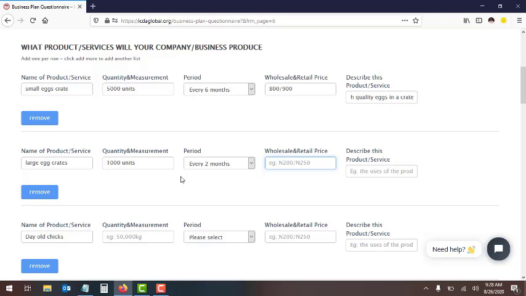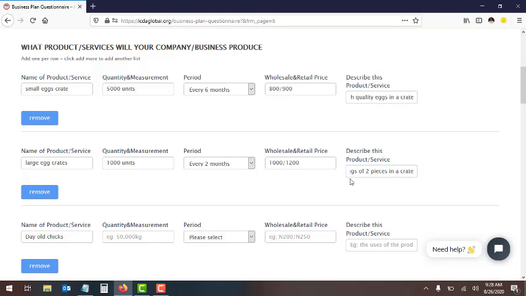You sell this for maybe 1000 naira as wholesale to people, and then sell at 1200 as retail. Now you describe what this is, the difference between this and the other one. So large quality eggs of 24 pieces in a crate.